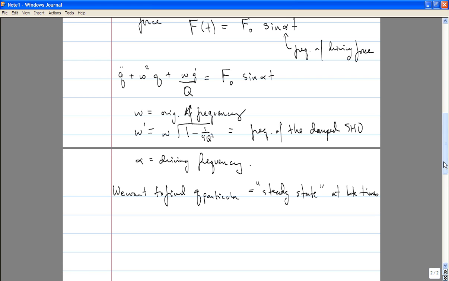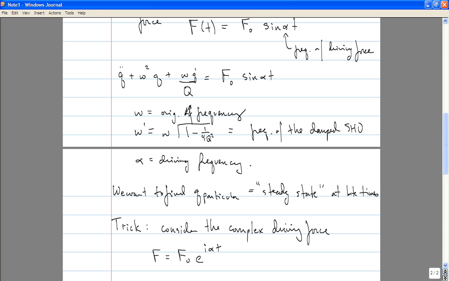In particular, I would like to use the following trick. Rather than writing my driving force as F naught sine alpha t, I would like to consider a complex driving force F, which is F naught e to the I alpha t.